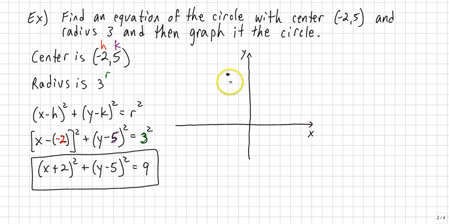So a quick way to graph this is just go 3 below, above, left, and right. So just go down 3, to the right 3, 3 above, and 3 to the left. Just go 3 north, south, east, and west. And then do your best to draw a decently shaped circle.